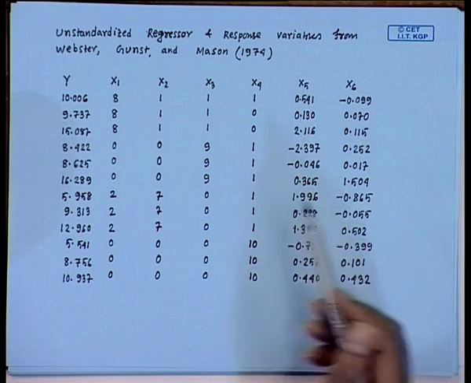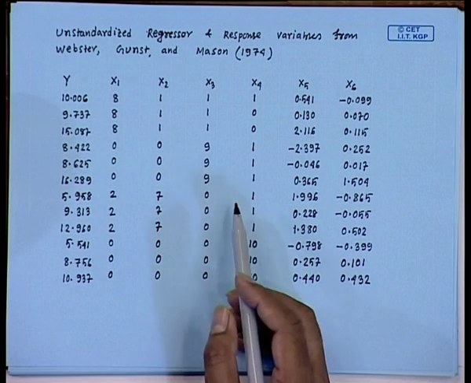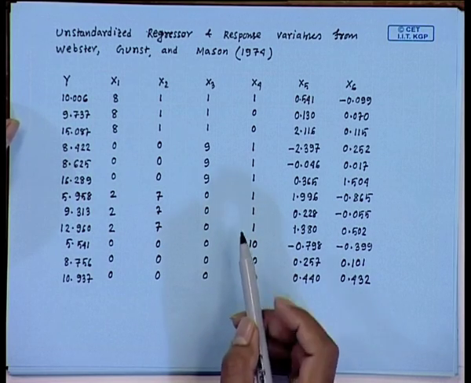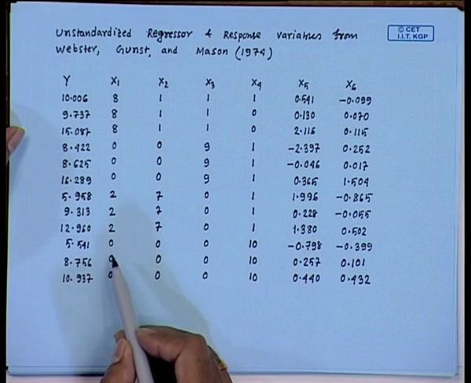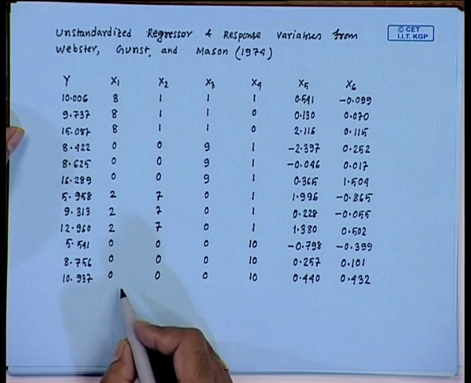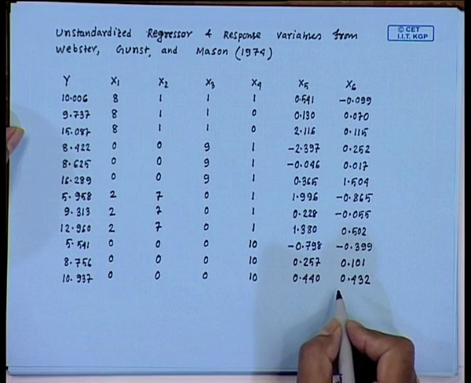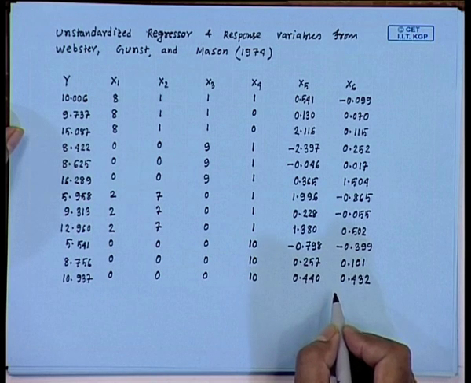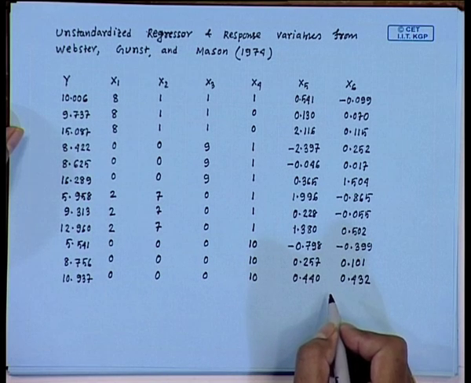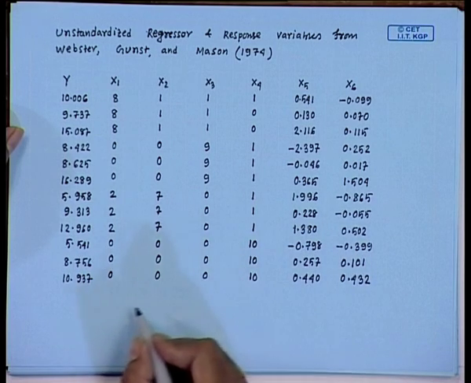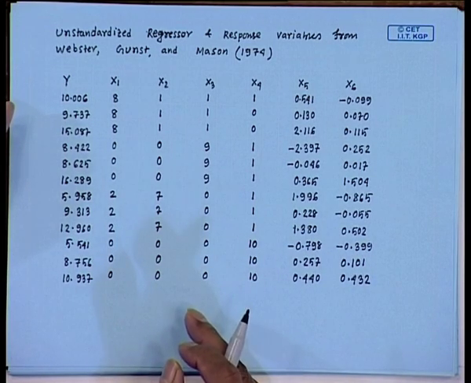Later on we will see that this data has the problem of multicollinearity, but the correlation matrix can't detect it, because the multicollinearity problem in this Webster data is not due to linear dependence between two regressors.